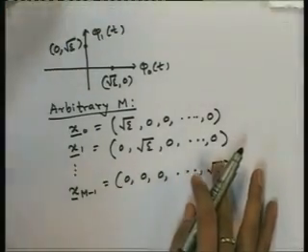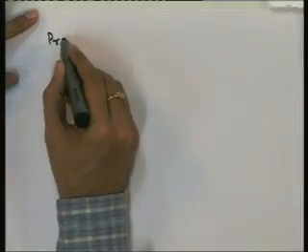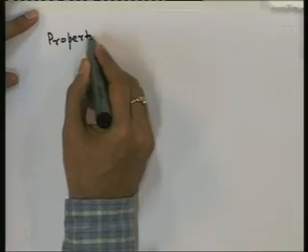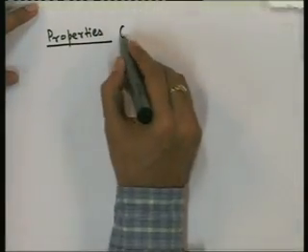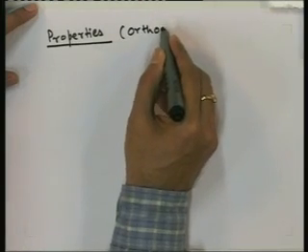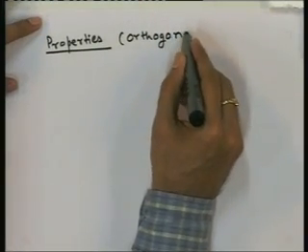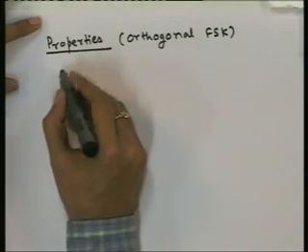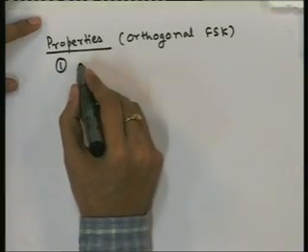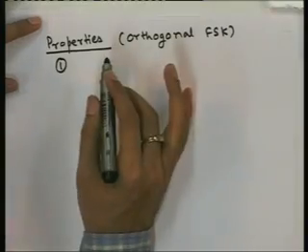Okay. Now, what are the properties of orthogonal FSK that are obvious from this discussion? One is that all the signal points have the same energy.